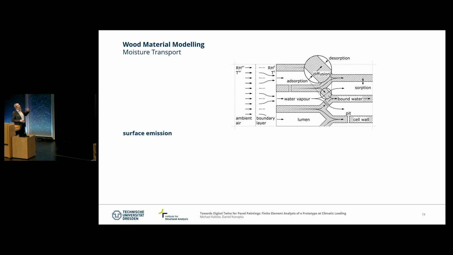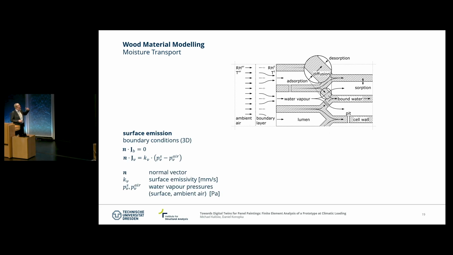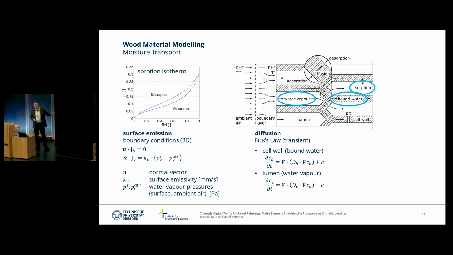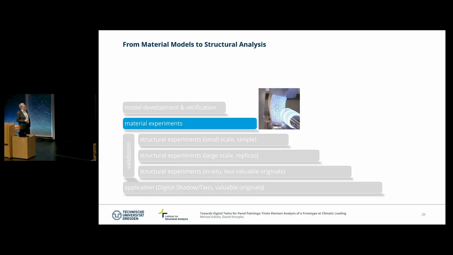We have the exchange with the environment via the surface that can be described via certain surface elements, and then we have the diffusion in the material, and we need to distinguish between the diffusion in the cells and in the cell walls. We have two independent processes which are coupled then at the end via sorption. And with the help of these two different moisture variables, we can get relatively realistic results at the end.